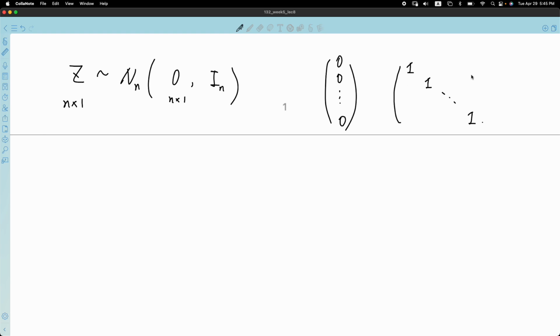Only the main diagonal elements have entries of 1, and the remaining entries that I did not write are all zeros. So you essentially have a 0 mean vector and identity covariance matrix, and that refers to the parameters of a standard multivariate normal.